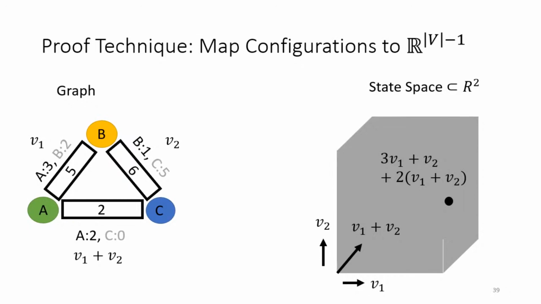And so in general, our state space is like a hypercube of dimension number of edges, projected down along some very particular direction to a space of dimension number of vertices.